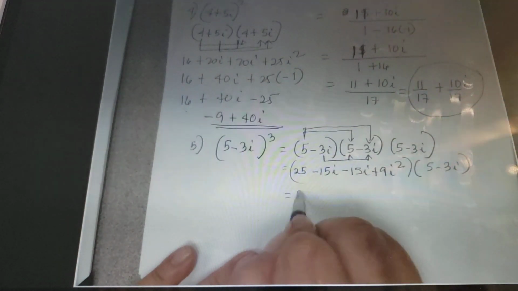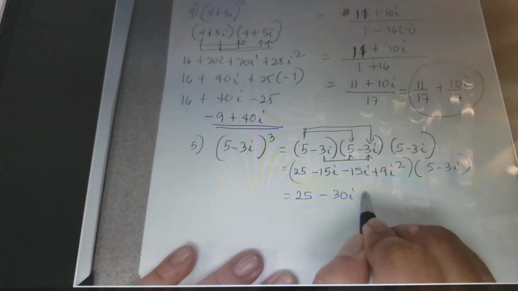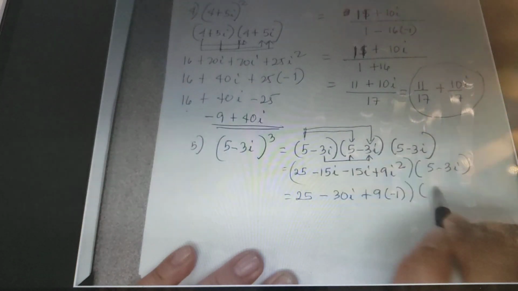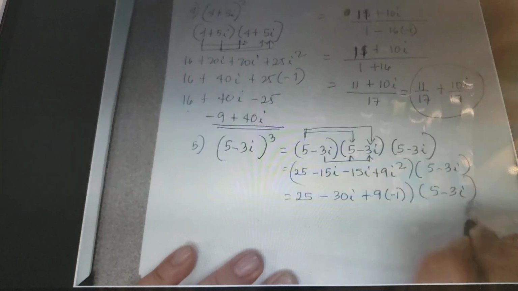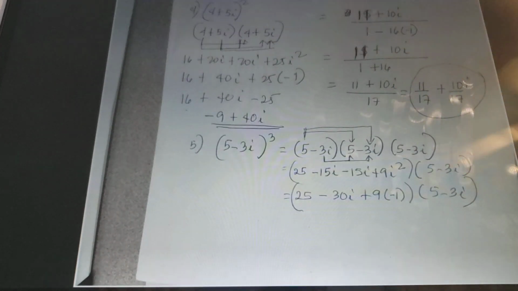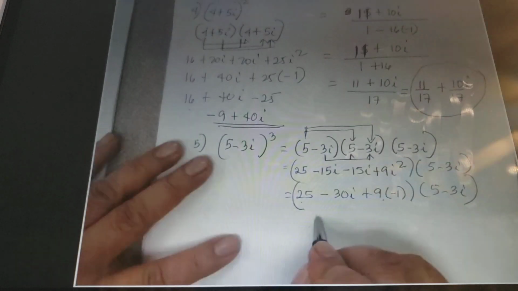Minus 30i. That's 9, negative 1. 5 minus 3i. So 25 minus 9 is 16.